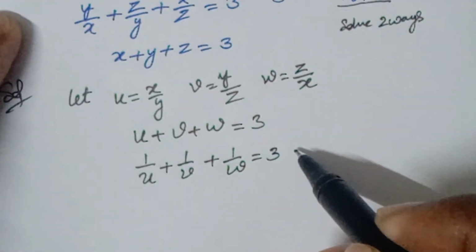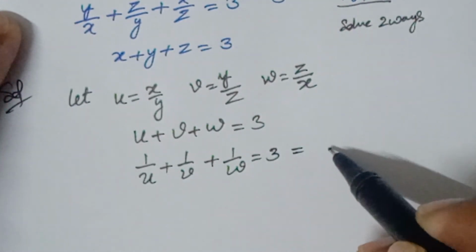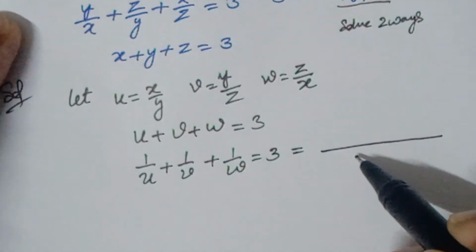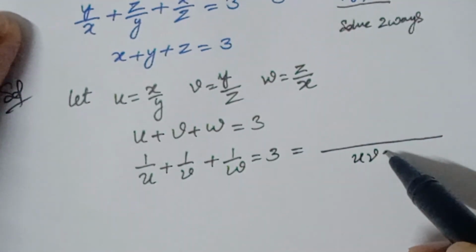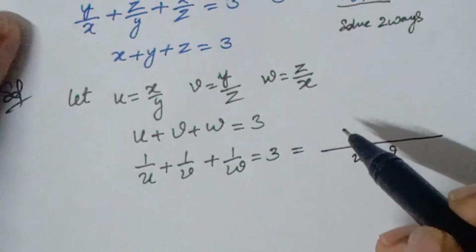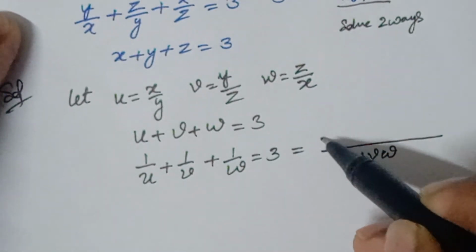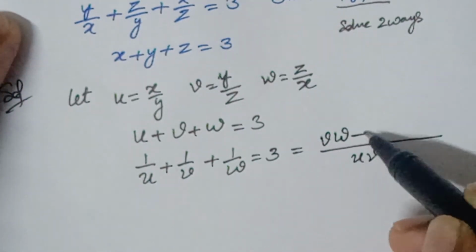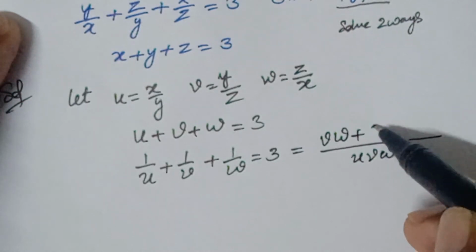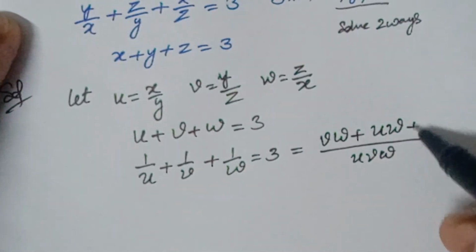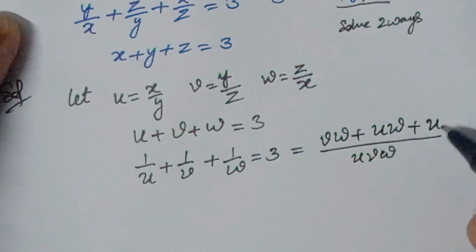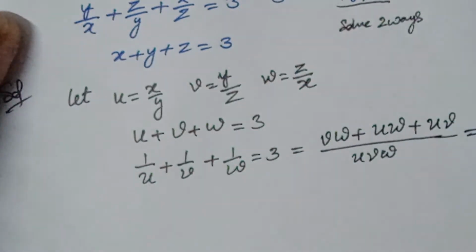If you take the LCM here, UVW is the LCM. So here we will get VW + UW + UV over UVW equal to 3.